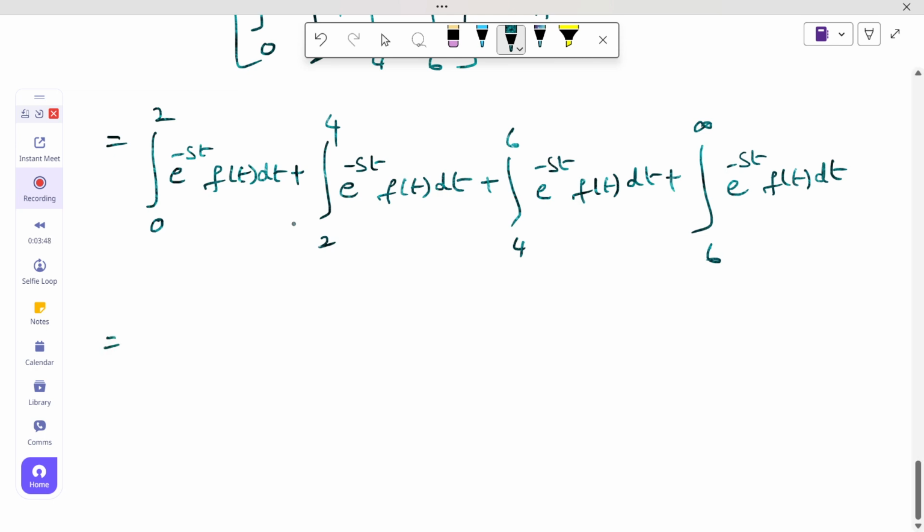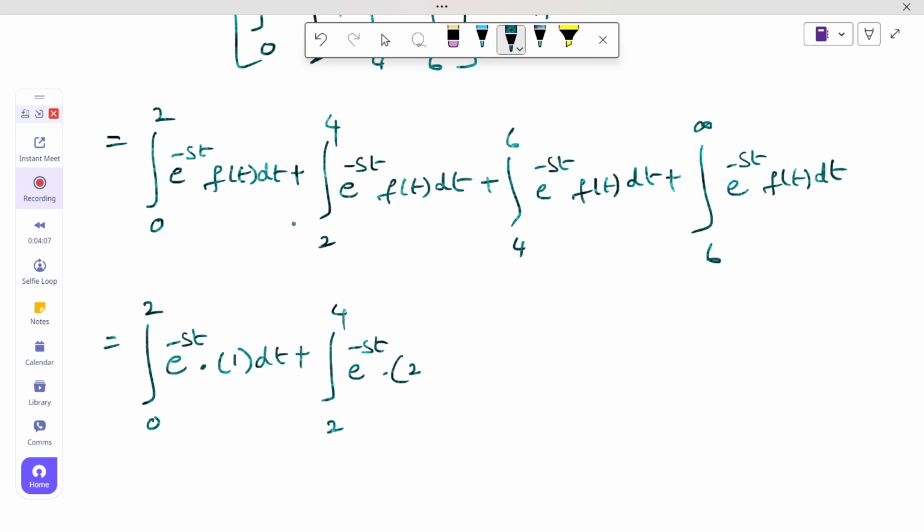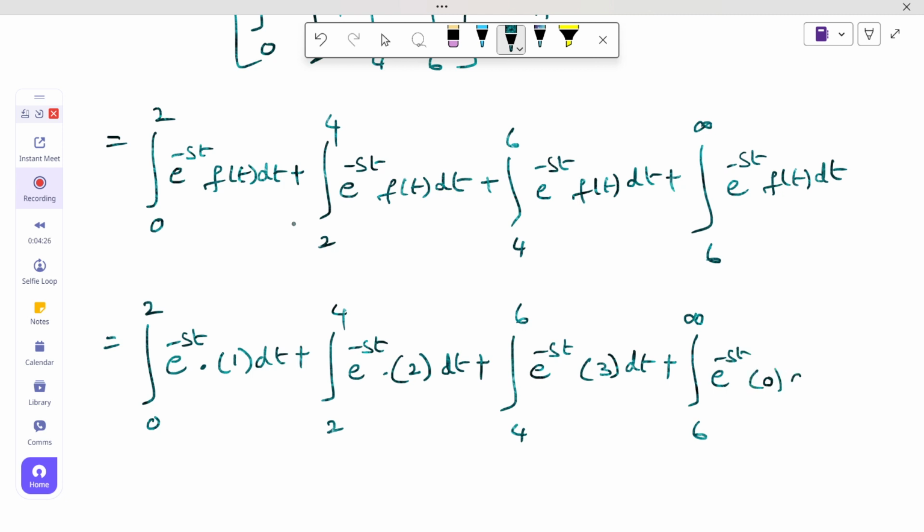So it equals the integral from 0 to 2 of e power minus st into 1 dt, plus 2 to 4 of e power minus st into 2 dt, plus 4 to 6 of e power minus st into 3 dt, plus 6 to infinity of e power minus st into 0 dt.